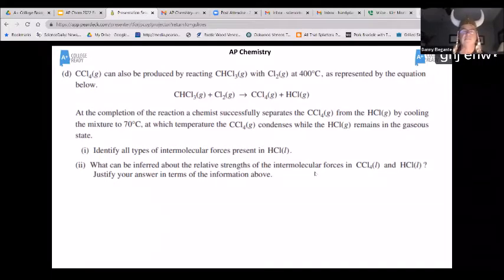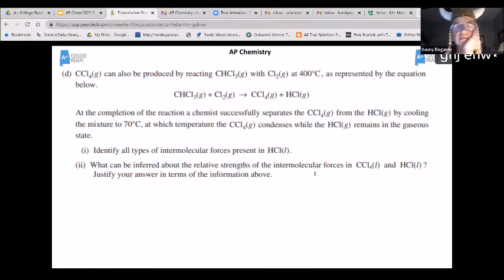All right, let's see. CCl4, that was before. I know there was a CCl4. Can be produced by reacting this with this. Okay, there's a chemical equation. All right, maybe I'll need that. At the completion of it, a chemist separates the CCl4 from the HCl. So they're both products.